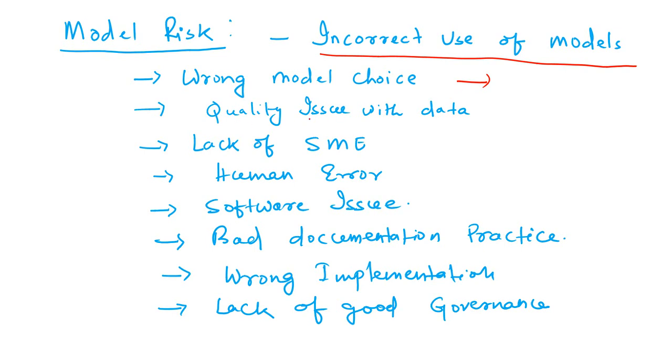Quality issue with the data. If you are providing wrong input data, you're always going to get a wrong output. So that is important. Lack of subject matter expertise: the model developer doesn't know the modeling techniques well and uses them in a wrong way, and doesn't consider the benchmarks already provided by other modelers or industry experts.